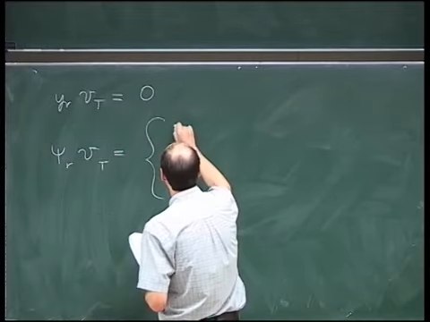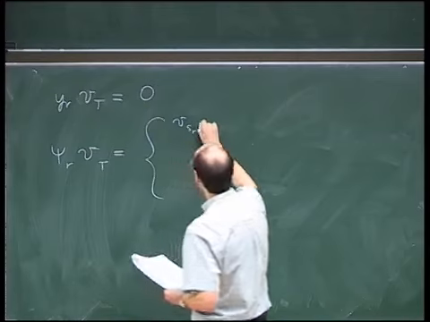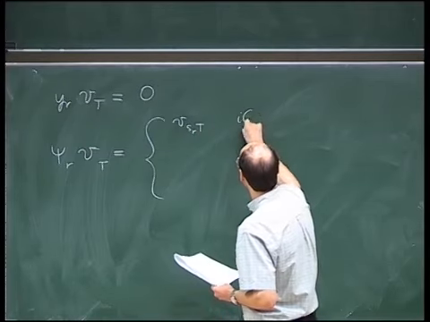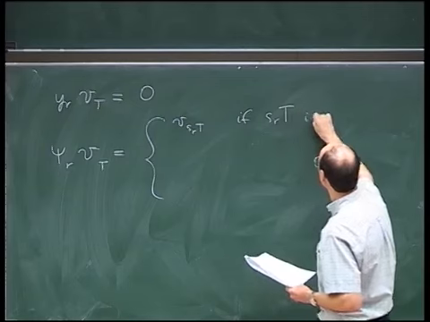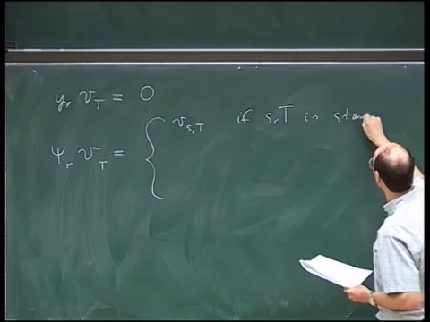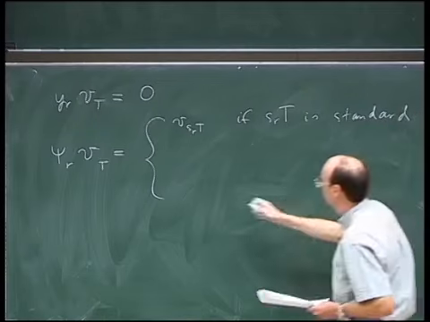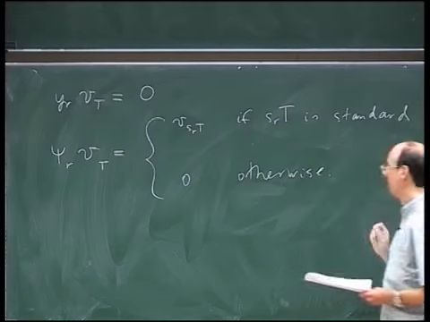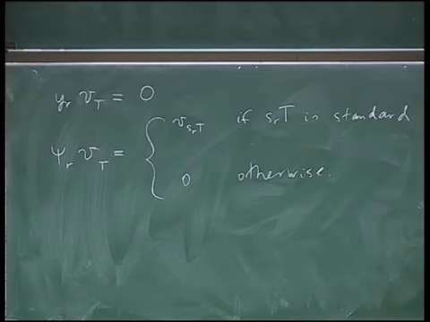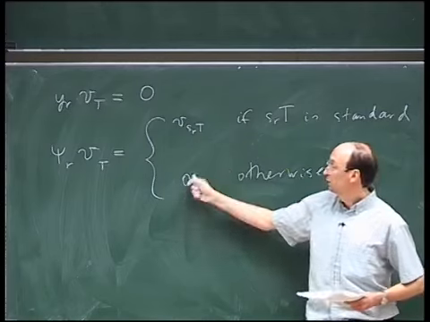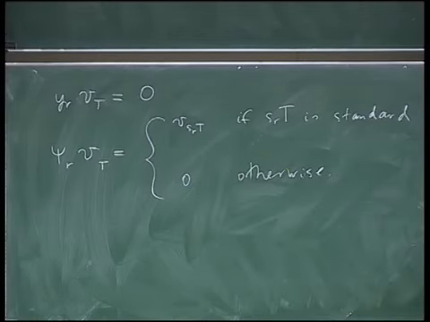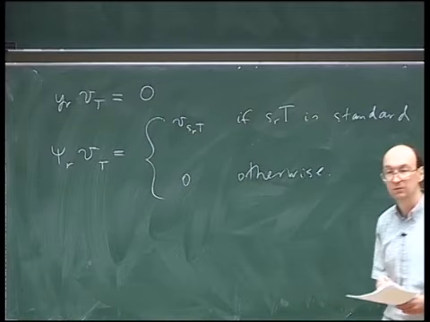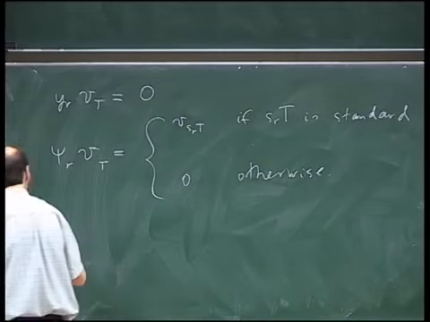It's v acted on with permutation s_r on tableau T if s_r T makes sense, that is standard, and 0 otherwise. Okay, so that's it. If you can act, you act. If you can't act, it's 0. So check relations, it's 5-minute work, not a 5-day work. So it's an obvious statement.